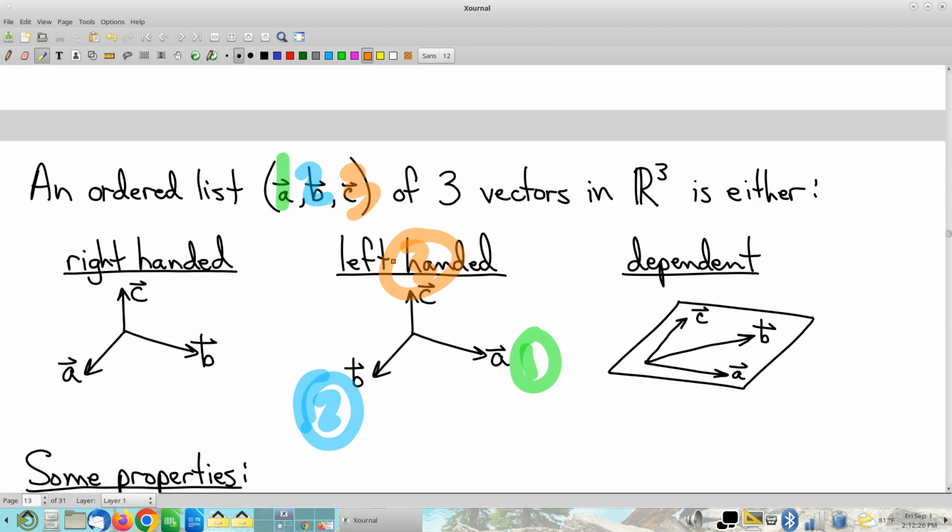I'm going to come over here and point my index finger in the direction of A. Now notice I have a problem with B. My middle finger doesn't want to bend that way, and I'm not allowed to cheat like this, right?